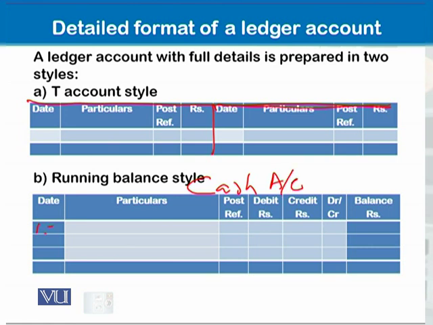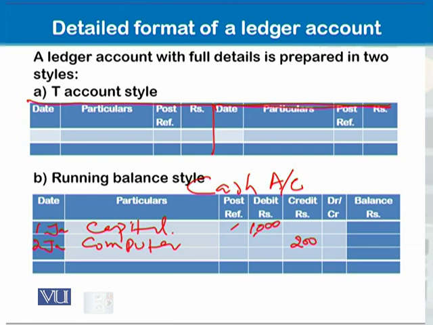On 1st of January, because of capital, whatever the post reference, we have received 1,000 in cash, and supposedly on 2nd of January, we bought a computer for, just for the sake of example, 200.